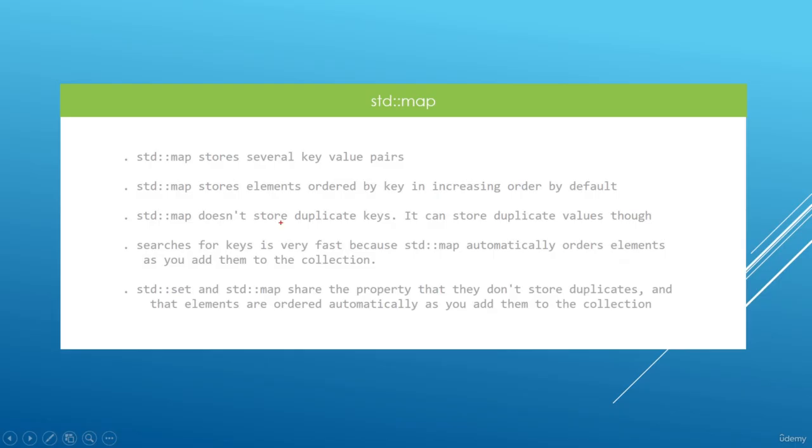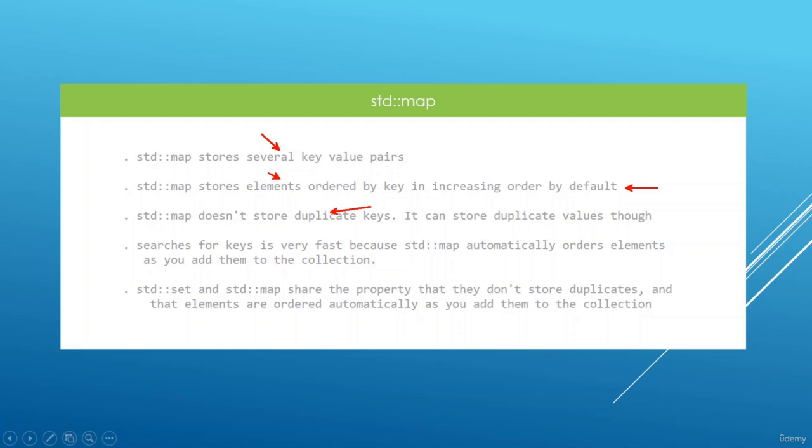Now, here are a few facts about std::map. It is going to store several key value pairs, and each element really is going to be like a std::pair on its own. std::map is going to store elements ordered by key in increasing order by default, because that's going to be using the std::less functor by default to order the key elements. std::map doesn't store duplicate keys, just like we don't store duplicates in a std::set.